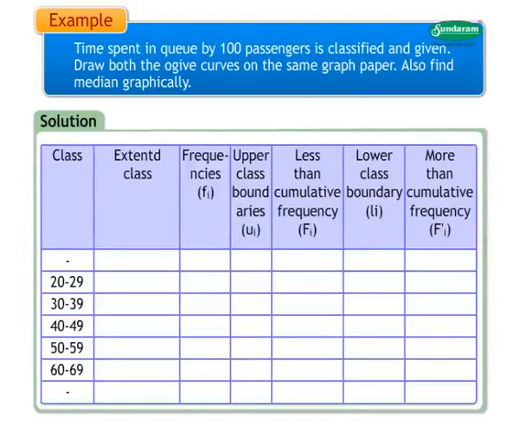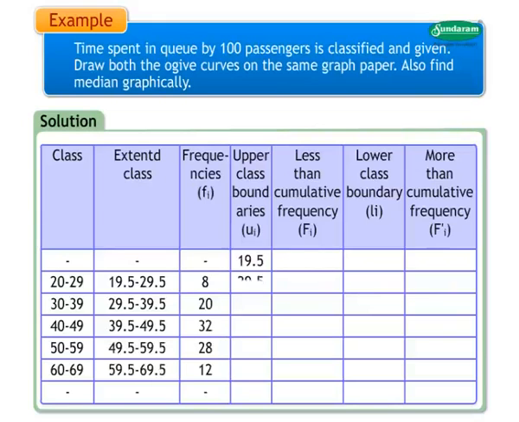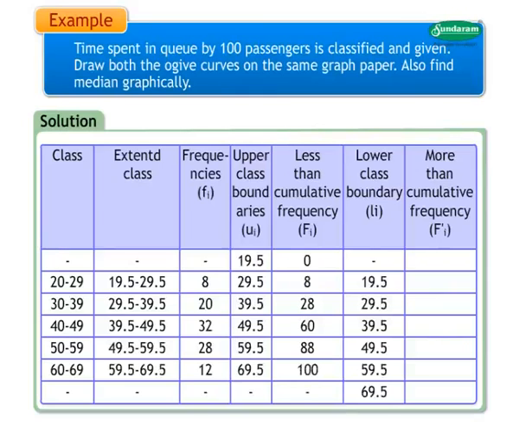First, we will make the classes continuous and write frequencies, upper class boundaries and lower class boundaries. We find less than type cumulative frequencies by adding class frequencies from top to bottom and place it against the upper class boundary.